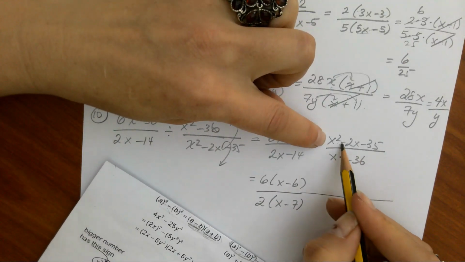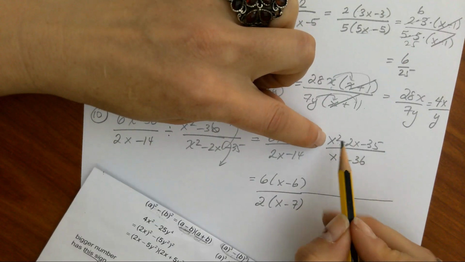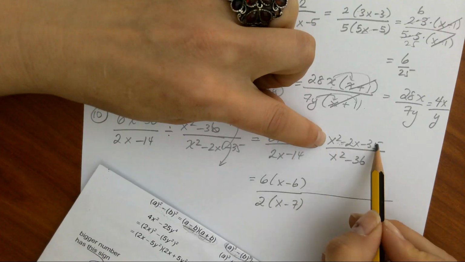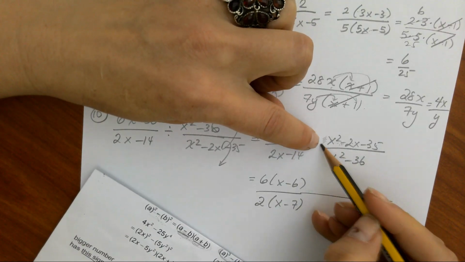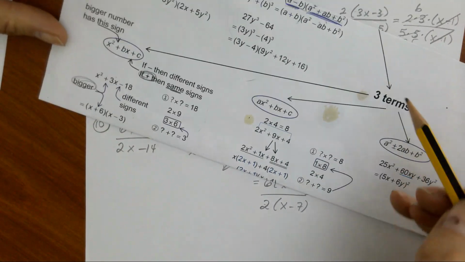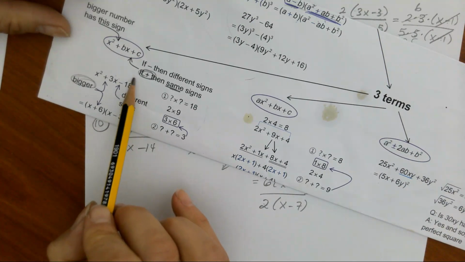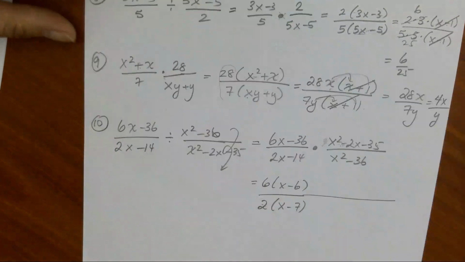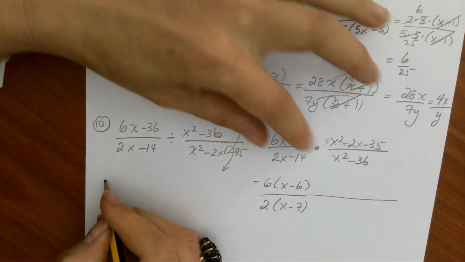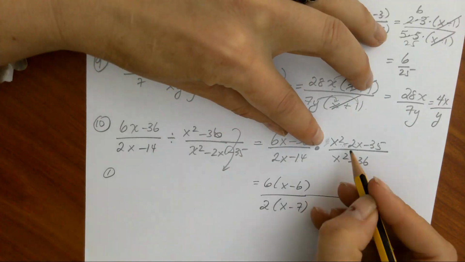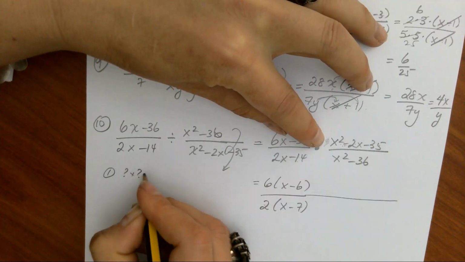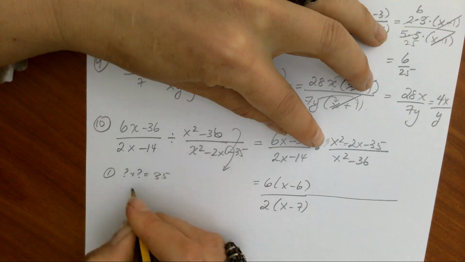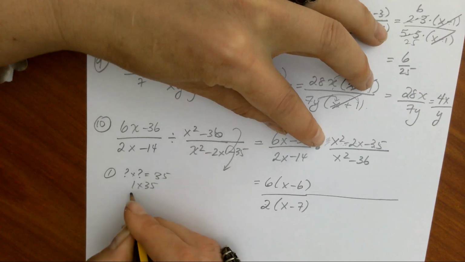If I want to factor this, it has 3 terms, 1, 2, 3, and it has a 1 in front of x squared. So if I have 3 terms, then I use type 1. Step 1 is what times what equals 35? 5 times 7.